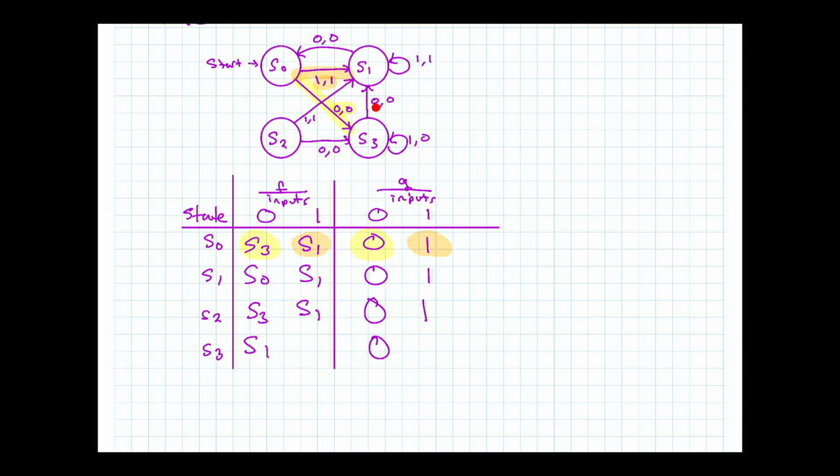And then, yeah, that's it. So then what about input 1? Input 1, so that's here. S3, input 1 is a loop. So that's S3 to S3. So this is S3. And here you've got input 1, output 0. So this is a 0. And that's it.